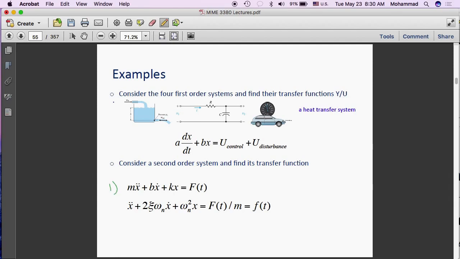What is this equation? This is the equation for a mass damper spring system with an input of force. You can immediately recognize that. What is the second equation?